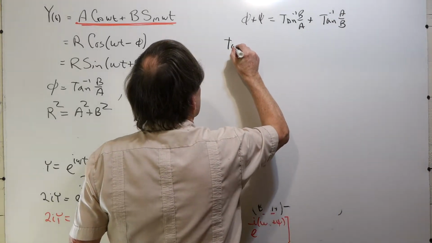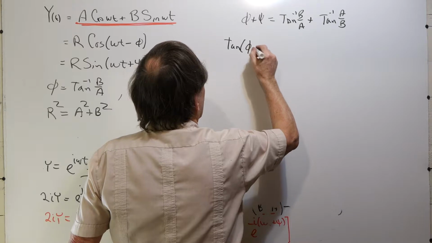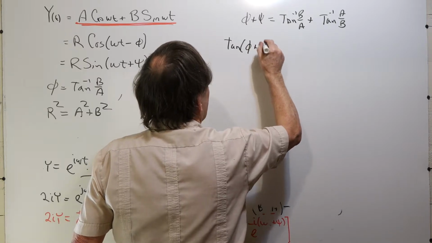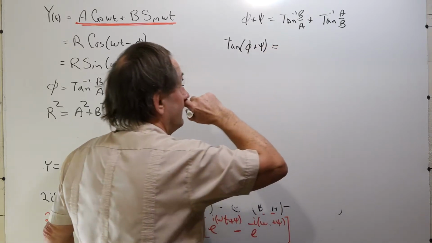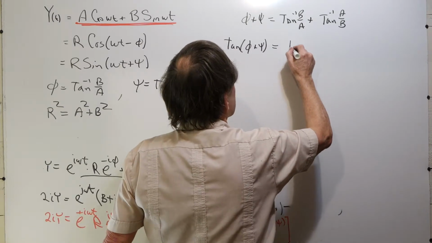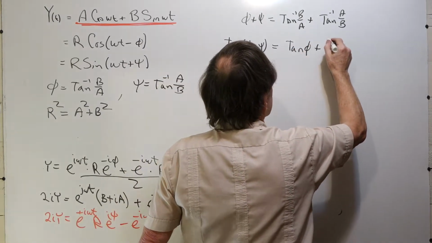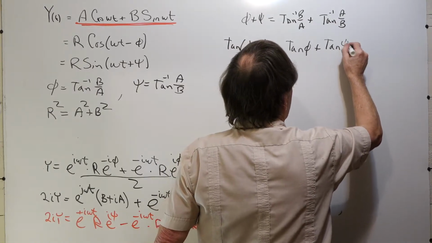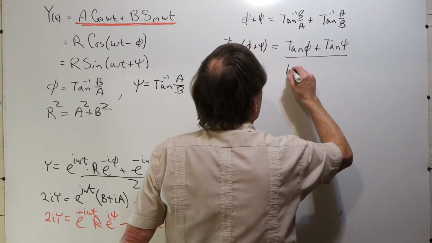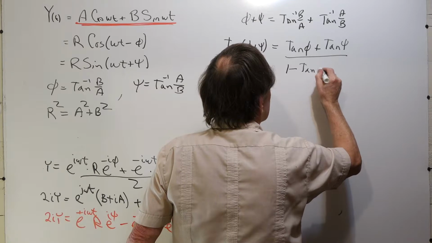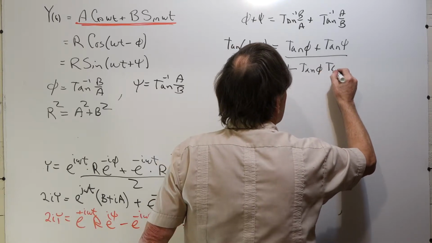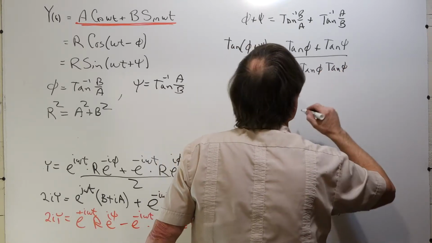So the tangent of phi plus psi, using the angle addition formula for tangent, is the tangent of phi plus the tangent of psi over 1 minus the tangent of phi times the tangent of psi.